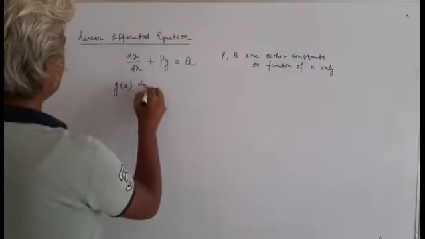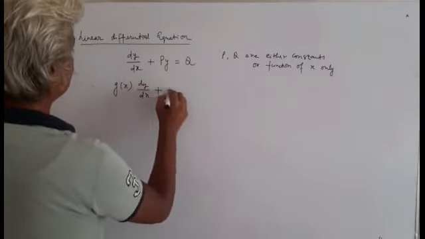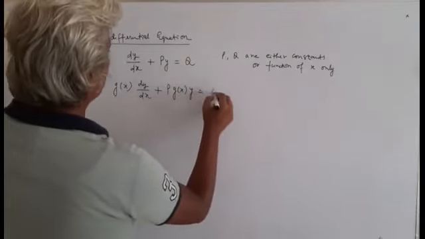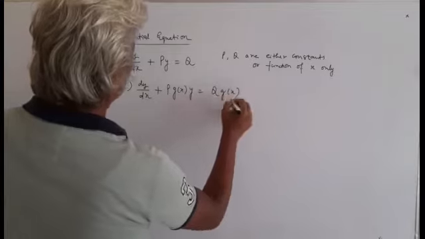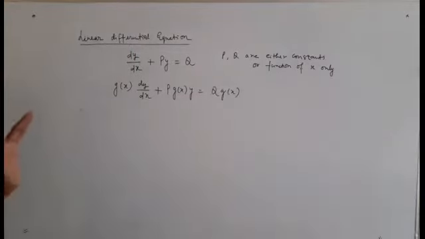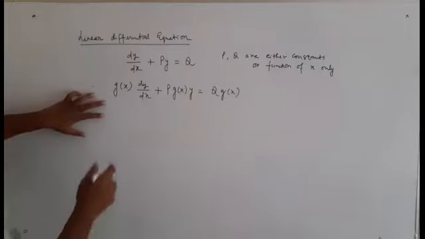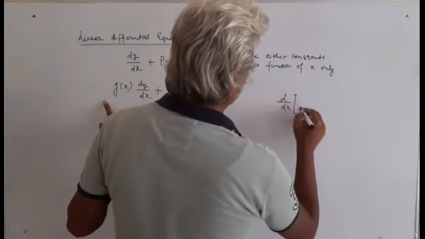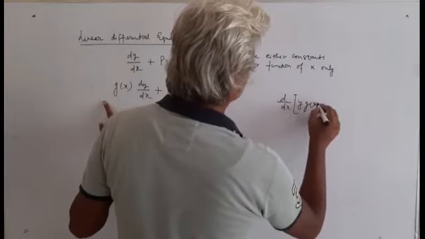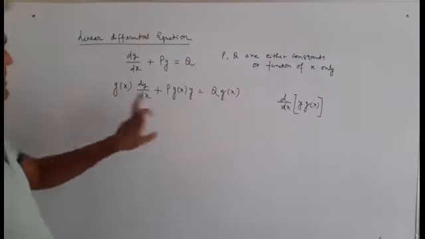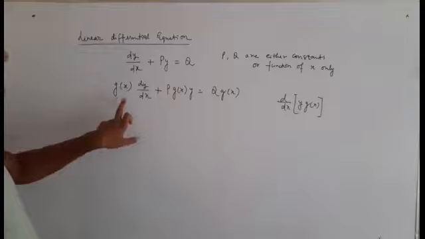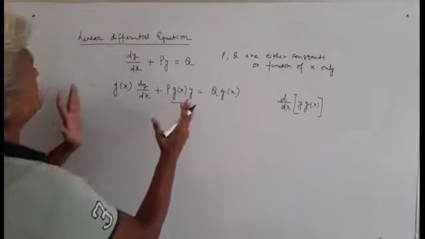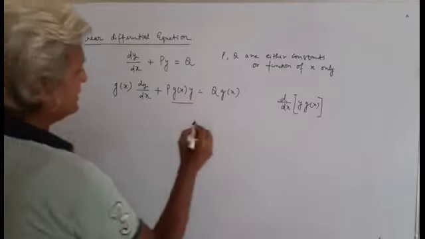So just assume that you have found a function, a special function mind you, and multiply it on both sides. So this becomes g(x) dy/dx + P g(x) y = Q g(x). Now g(x) was chosen in such a way that the differentiation of y g(x), means d/dx of this, becomes the whole left-hand thing.